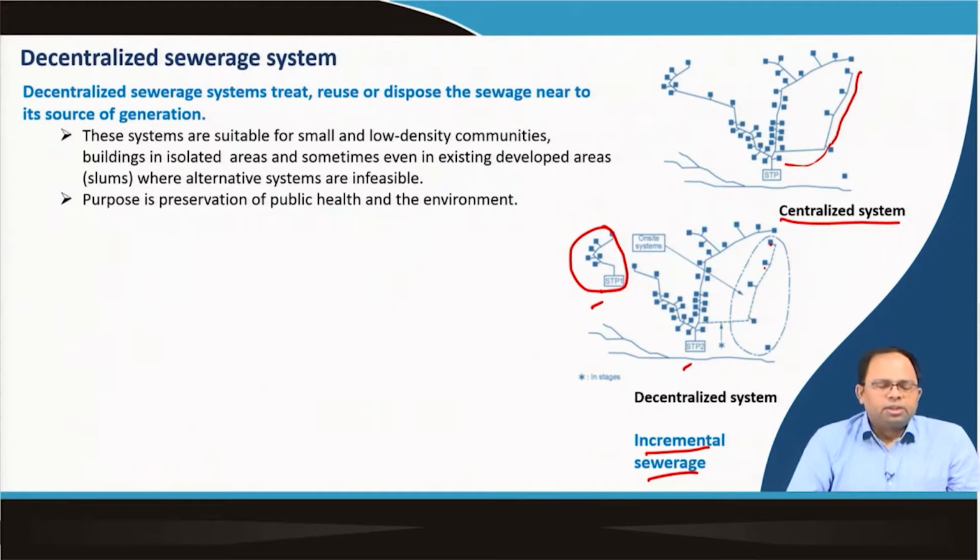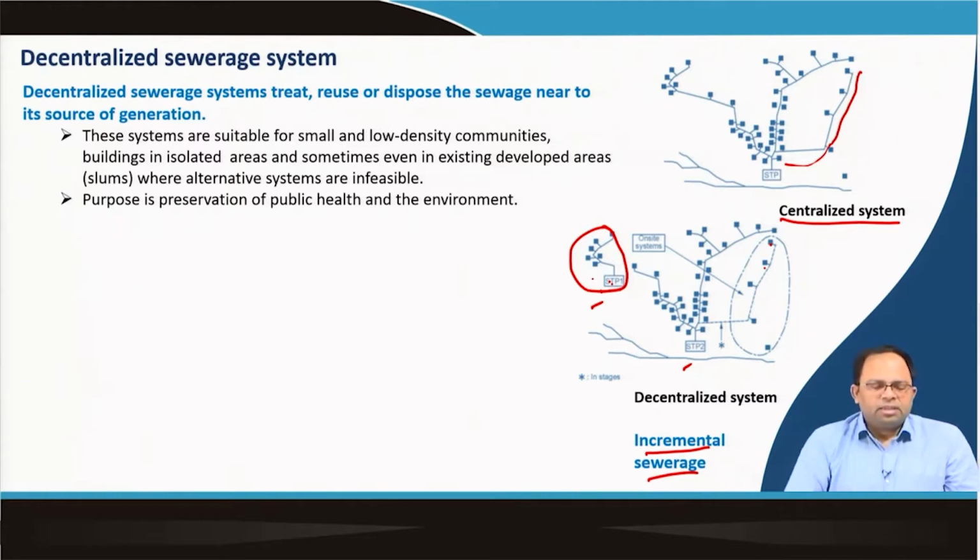So, in a decentralized sewerage system, we usually treat, reuse or dispose the sewage near the source of its generation. That means usually the treatment is done near the source, and disposal or reuse is also done near the source. That is the difference with normal sewage treatment, where the sewage is conveyed via sewer lines to a far away treatment plant. Instead, we are doing it locally.